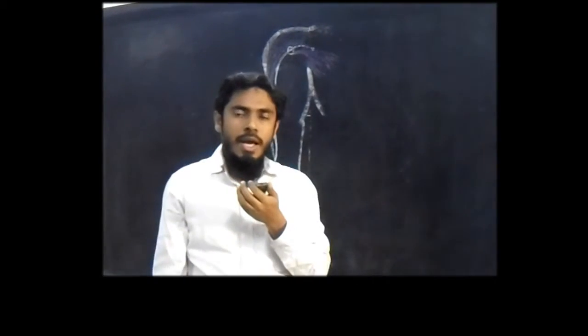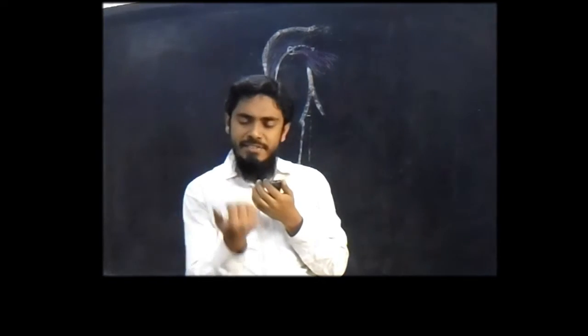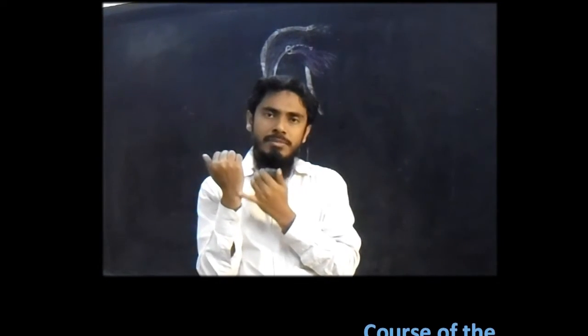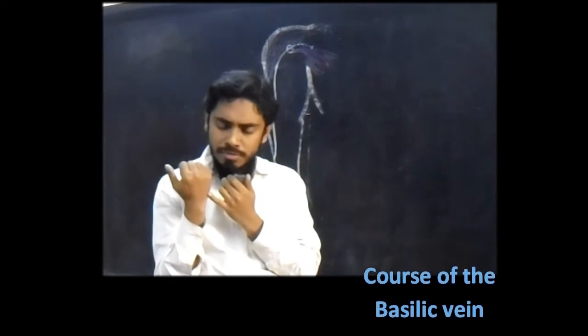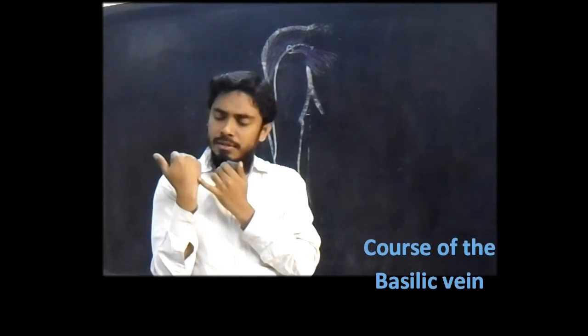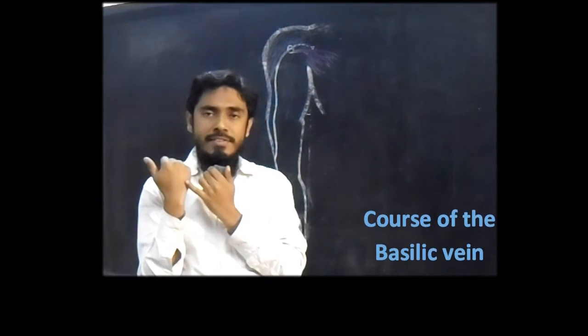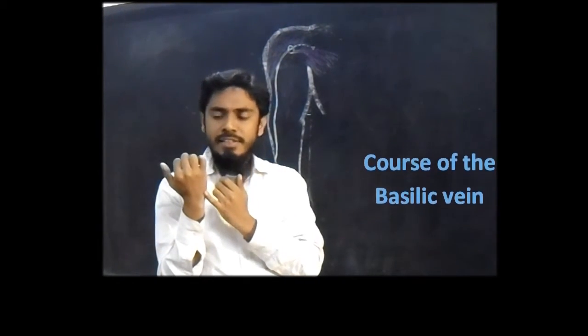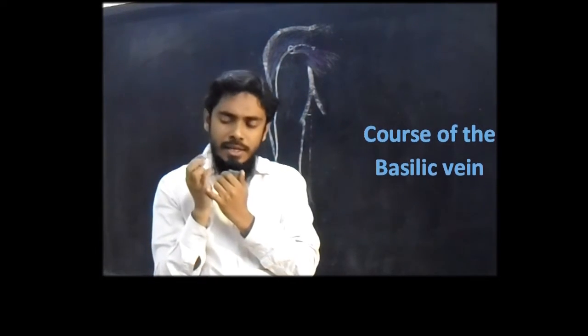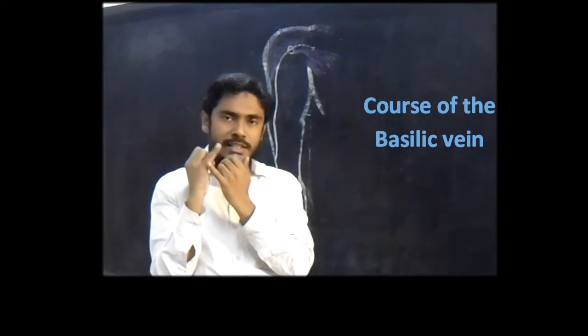Okay. And then another vein is the basilic vein, that is the vein of the ulnar aspect. This basilic vein will form by the union of the medial side of the dorsal venous network along with the dorsal digital veins coming from the ulnar aspect of the little finger.